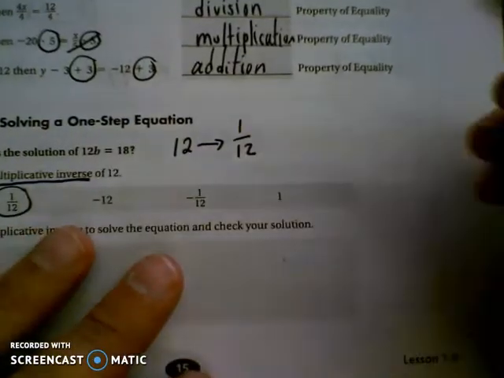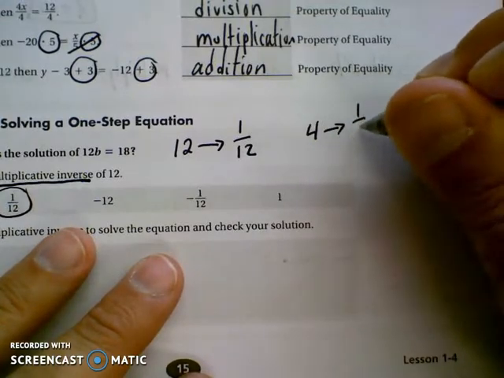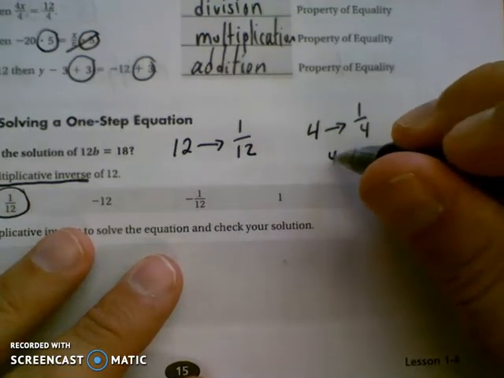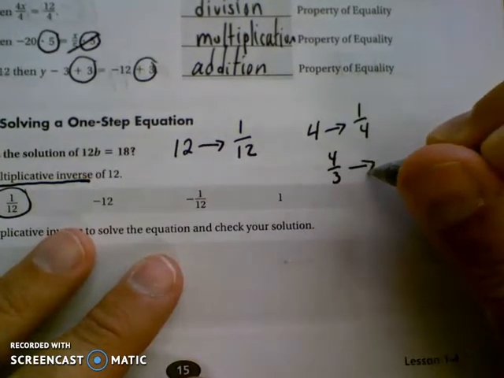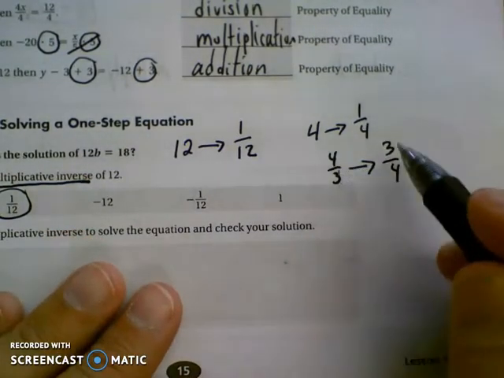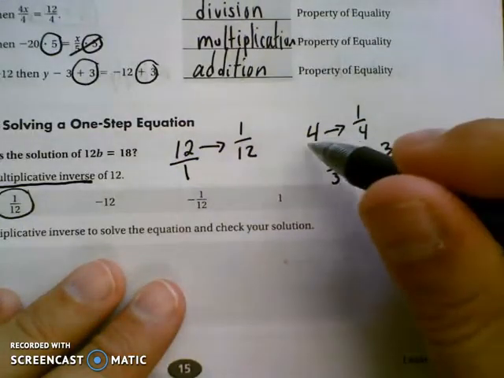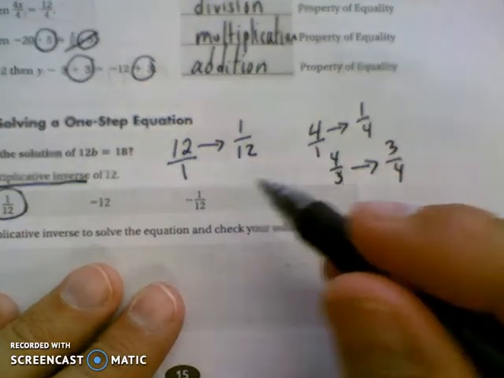Another instance is if you have 4, it'll be 1 over 4. Or if you have 4/3, guess what that becomes? 3 over 4. You flip them. So remember, these are 12 over 1 and 4 over 1. So you're just flipping. It's the inverse.